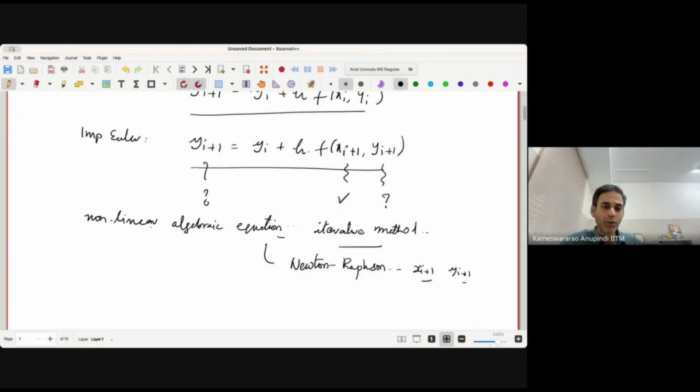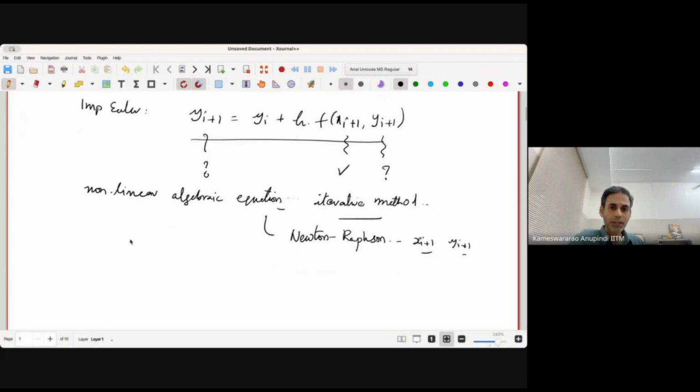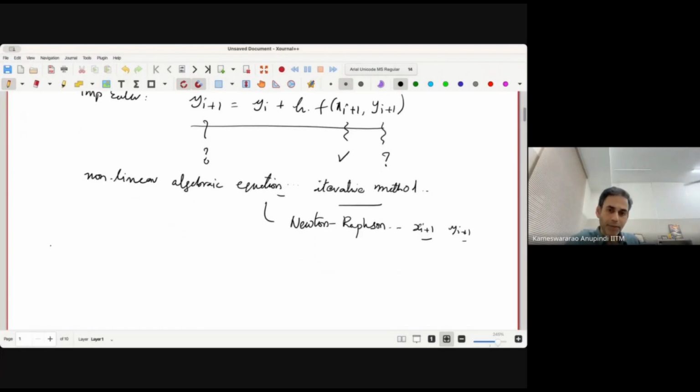So that is one way to go about this, but fortunately there is an easier solution that exists. Of course, the Newton-Raphson method is going to give you the same answer as what we are going to see now. So in this method, we're going to avoid iterations by going for linearization.